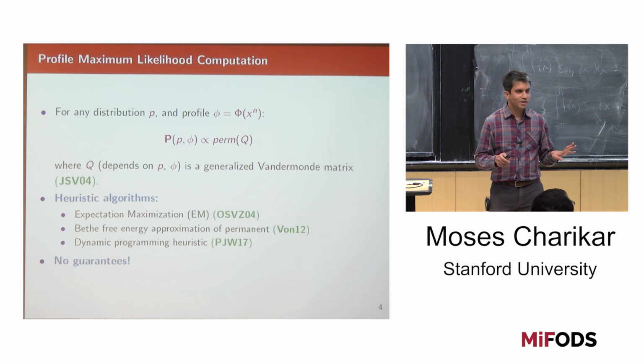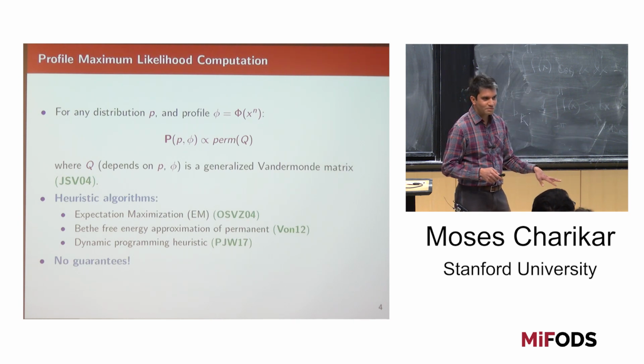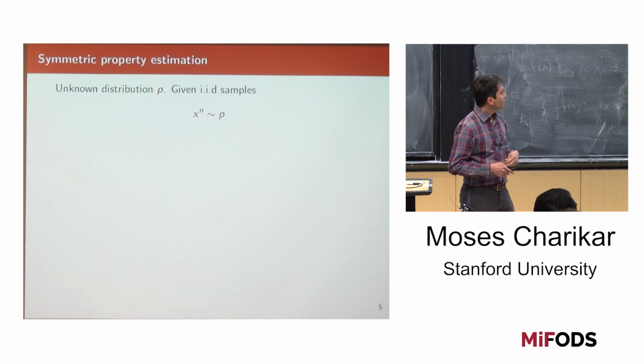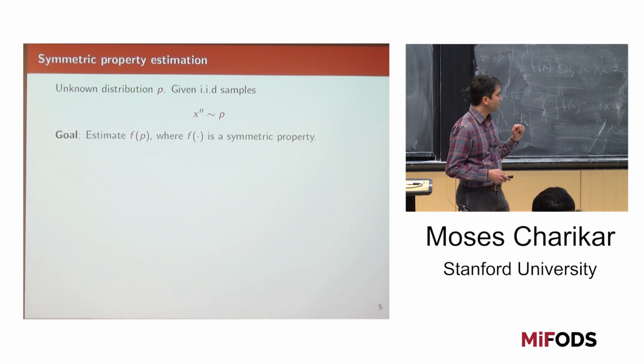So I talked about two things. One is property estimation, and the other is profile maximum likelihood, and I want to tie the two of them together. Remember, our goal was to estimate some symmetric property of this distribution via access to samples.